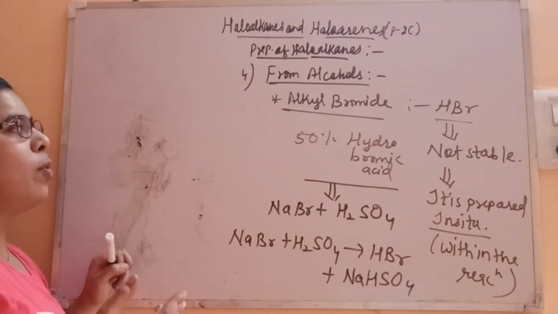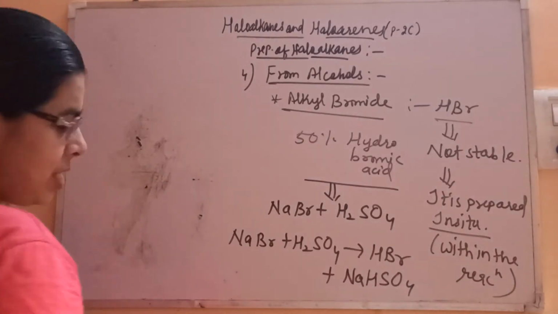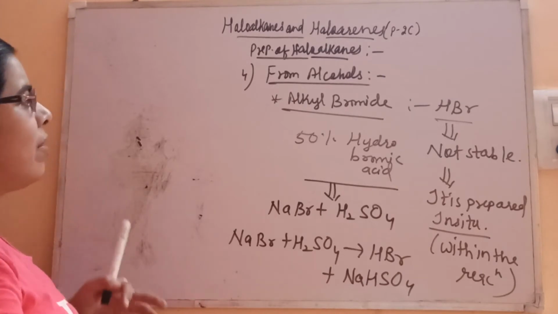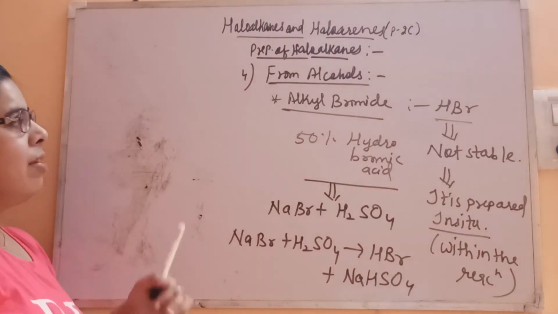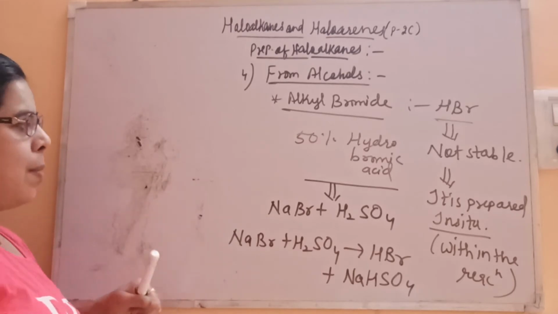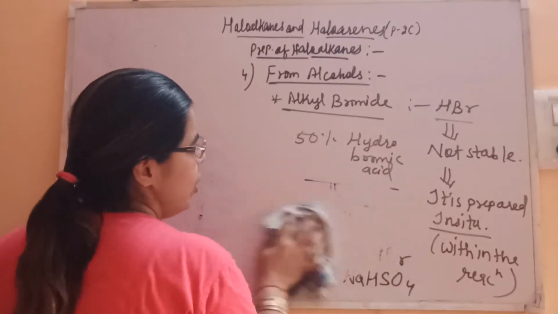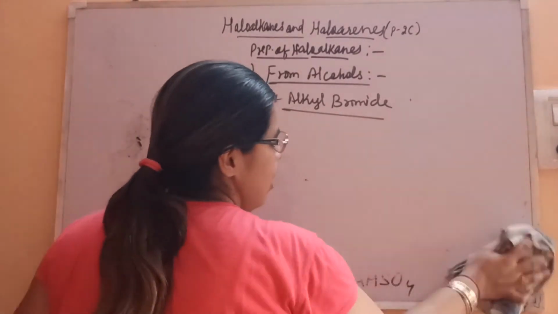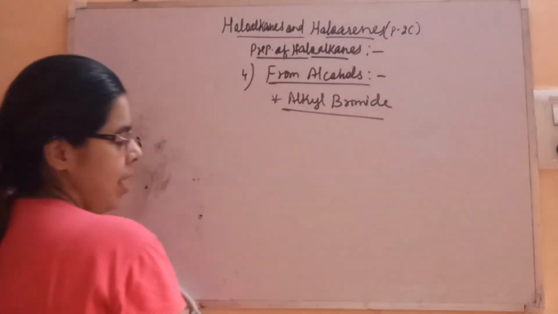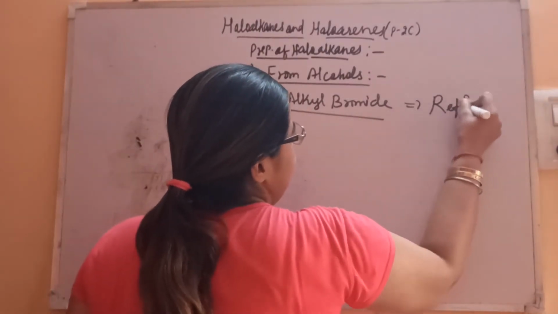So how will we prepare bromoalkane or alkyl bromide? We will reflux the alcohol with this 50% hydrobromic acid, and then we will get the product. So this is the whole process which is taking place. HBr gets generated over here, and we are using the word refluxing.